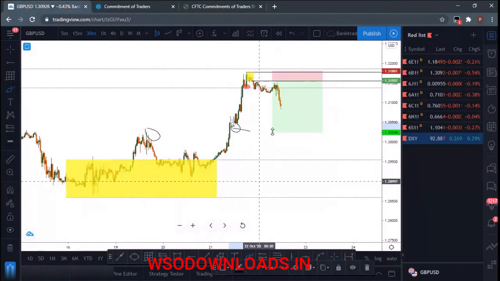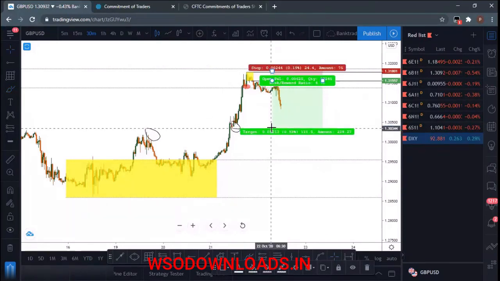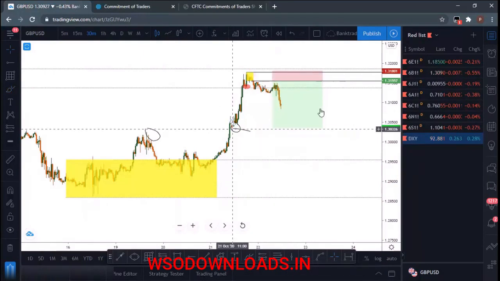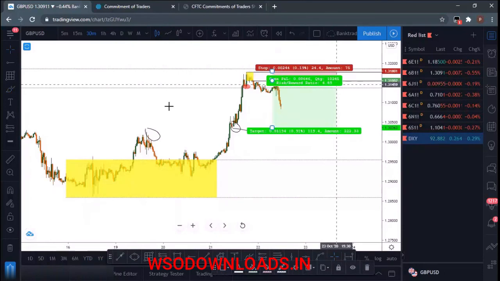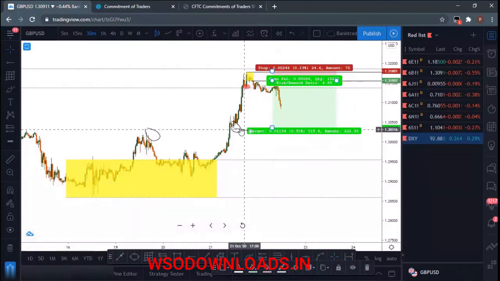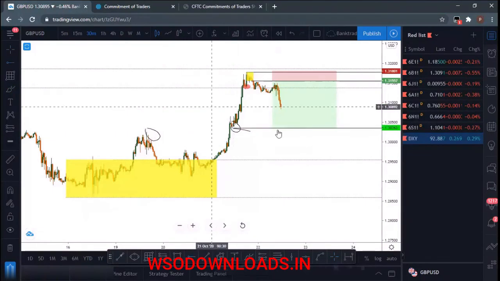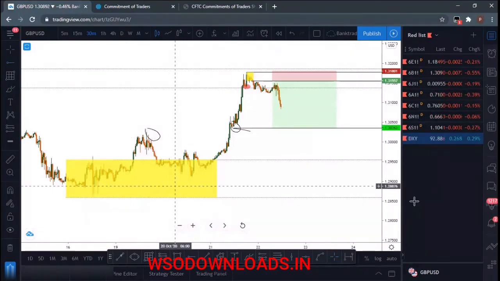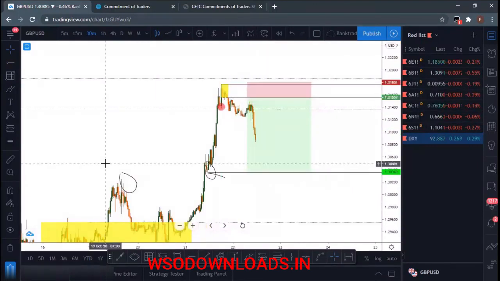So this would have been where I'm going to get out for how much? 4%, 4.8%. This area here was going to give me 4.8%. Okay. If I was on that trade, if I was filled in on that trade.